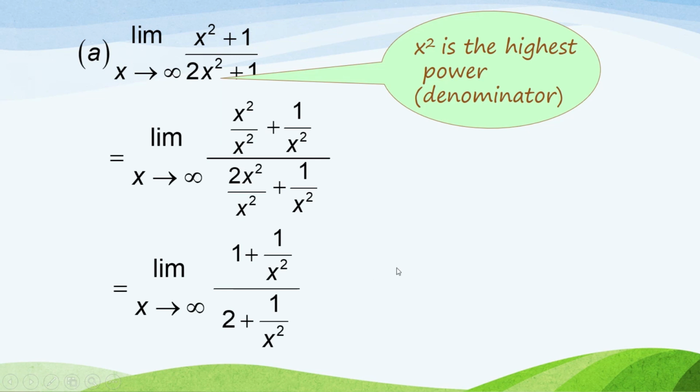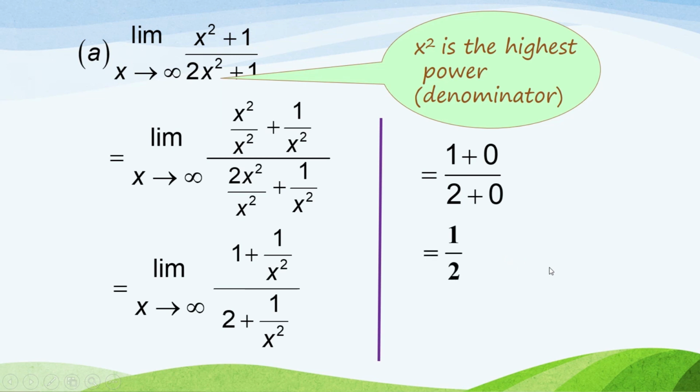When we substitute infinity in this limit, we get (1 plus 0) over (2 plus 0). So the answer is 1 over 2.